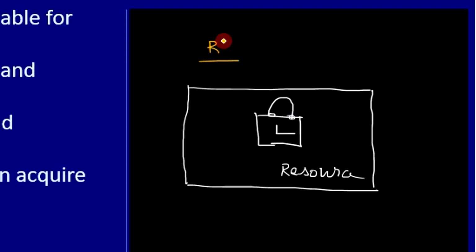We will name it R1. R1 enters the resource and locks it. So when it is locked, another reader thread R2 can come and access the resource. It can also enter and use the lock.